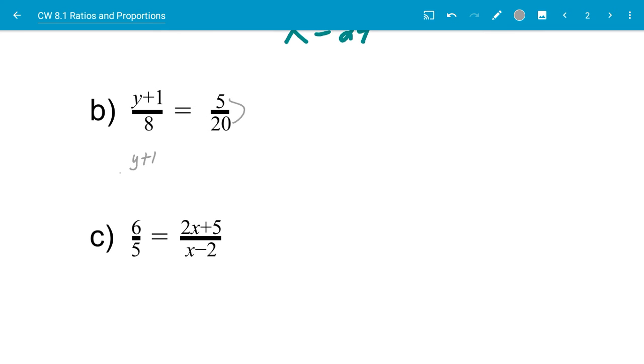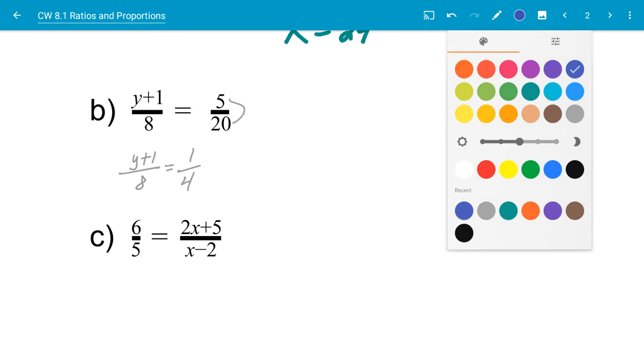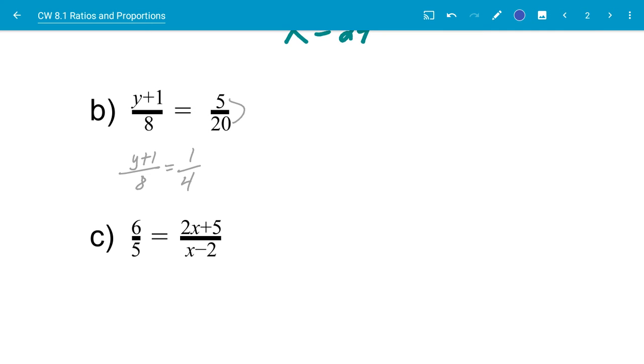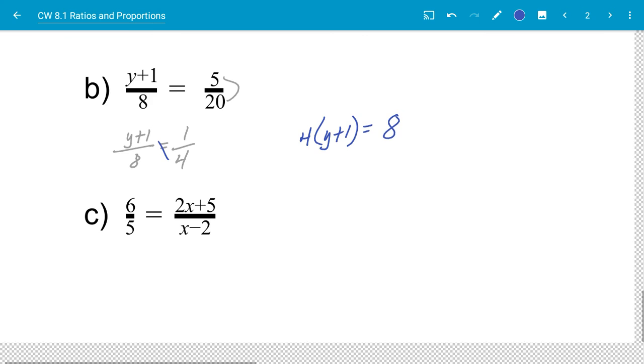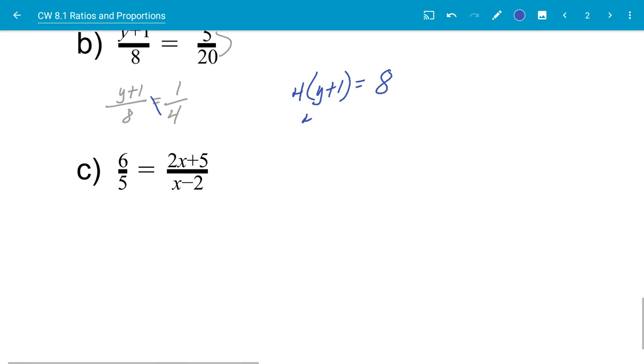I get (y plus 1)/8 is equal to, dividing both by 5, 1/4. That makes my life easier because I don't have to work with such large numbers and get my calculator out all the time. So I multiply 4 times (y plus 1), which is equal to 8. Much smaller numbers here. I distribute my 4, so I get 4y plus 4 is equal to 8.